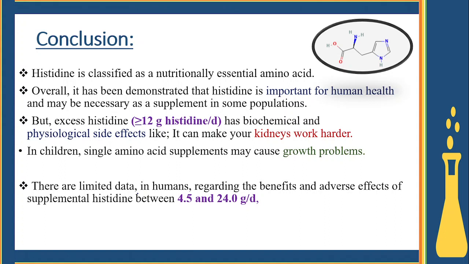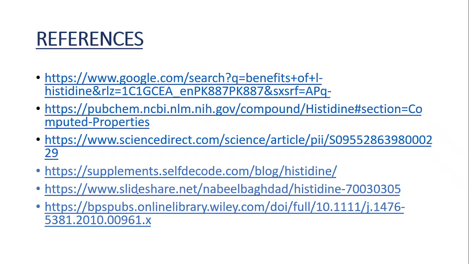It can make our kidneys work harder and may cause growth problems if a single amino acid supplement is taken. So there are limited data regarding the benefits and adverse effects of histidine. Histidine up to 4 grams per day, up to 12 weeks, is advised. I have also added some references in case you want to visit them for further information.